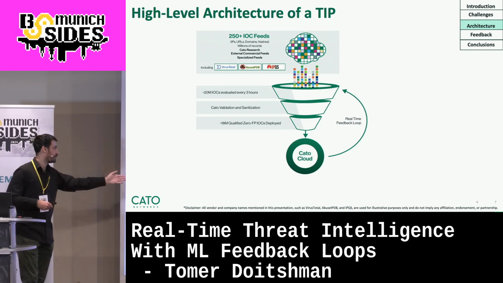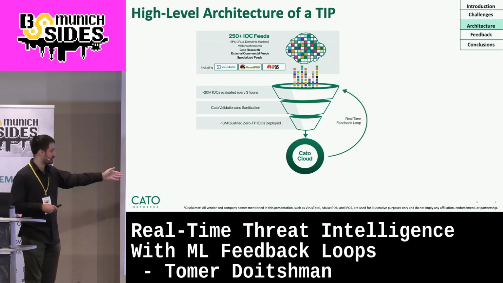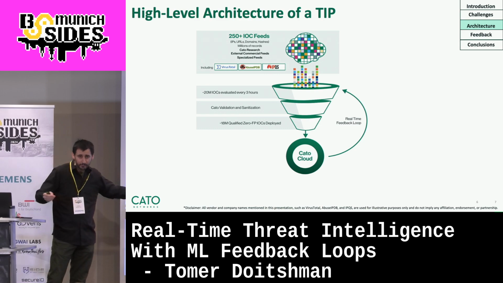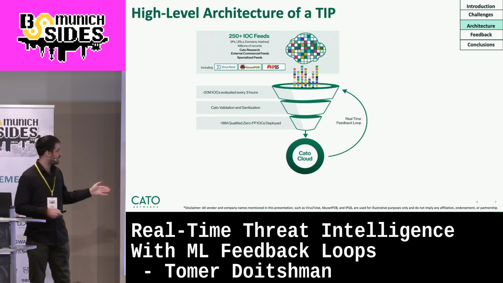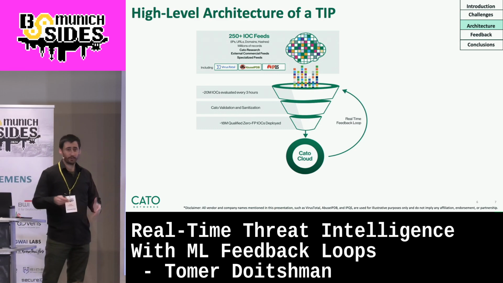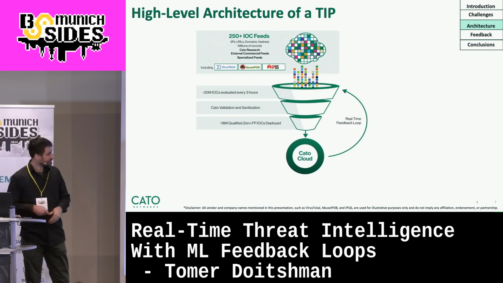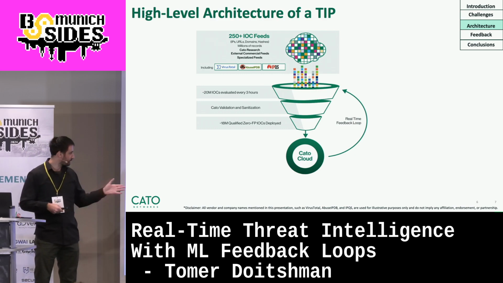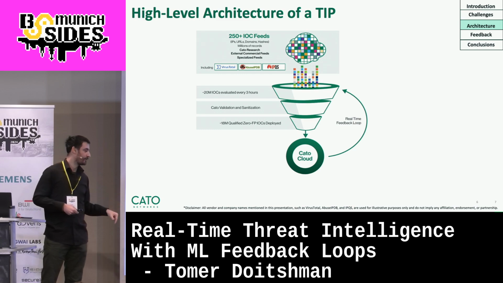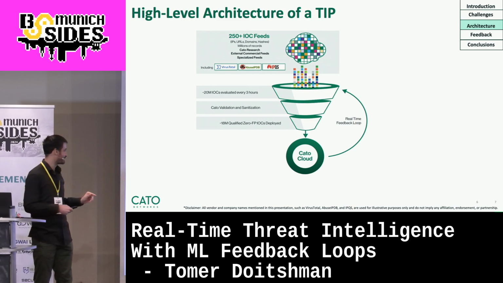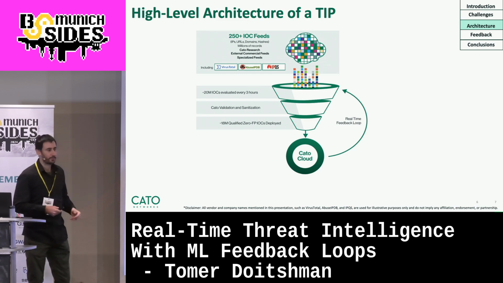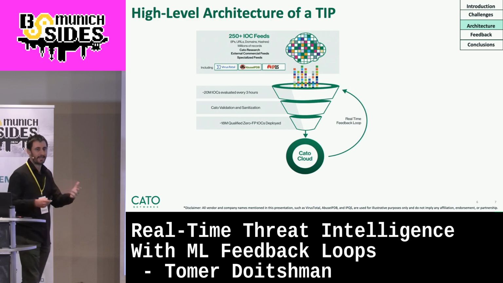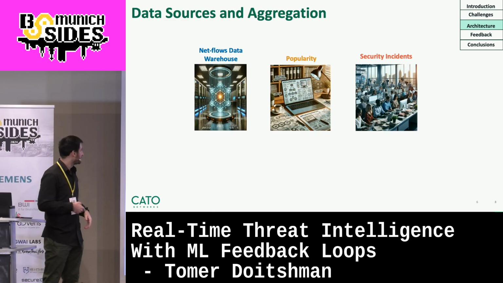Finally, all the IOCs that we found as malicious go to the Cato cloud, which is the production environment, and then block customers in real time. Later, after these IOCs get to production, we have the back propagation step. We actually get feedback. We'll talk later about what kinds of feedback we get.